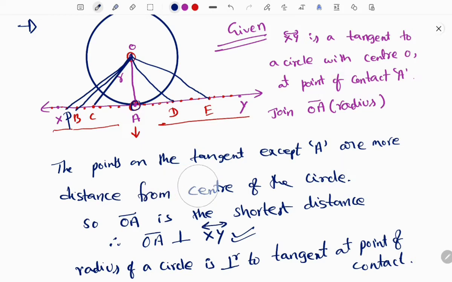Therefore OA is the shortest distance. Where the shortest distance is, only there the right angle is formed. That's why OA is perpendicular to tangent XY. So the radius of a circle is perpendicular to the tangent at the point of contact. Keep it in your mind.